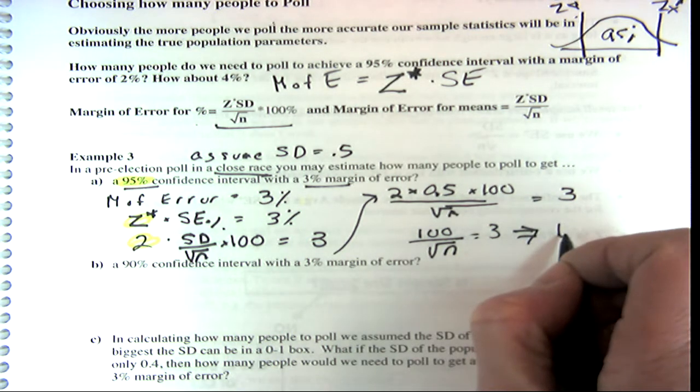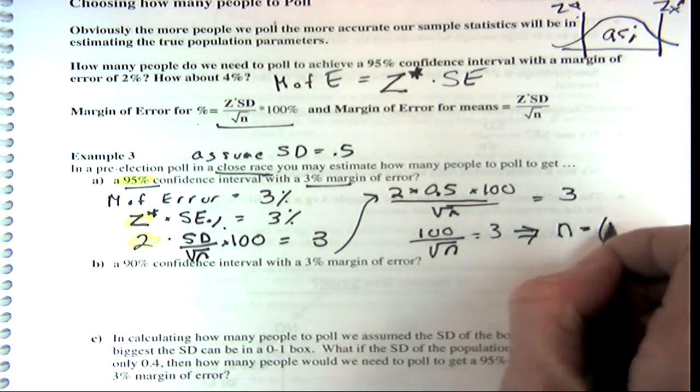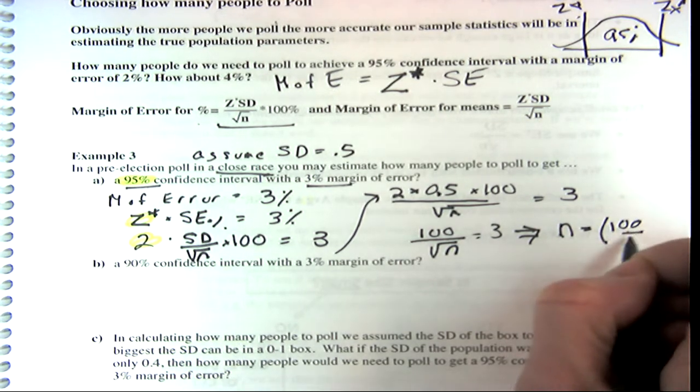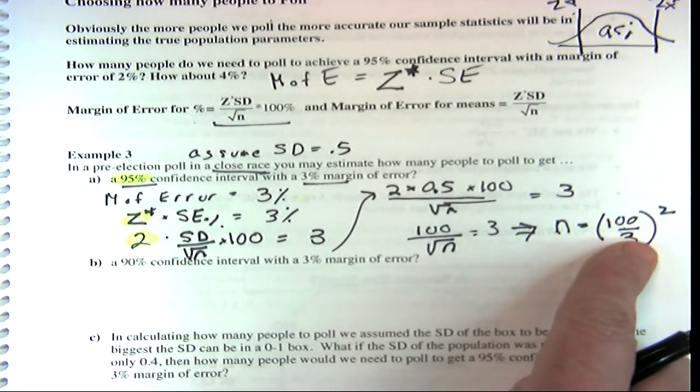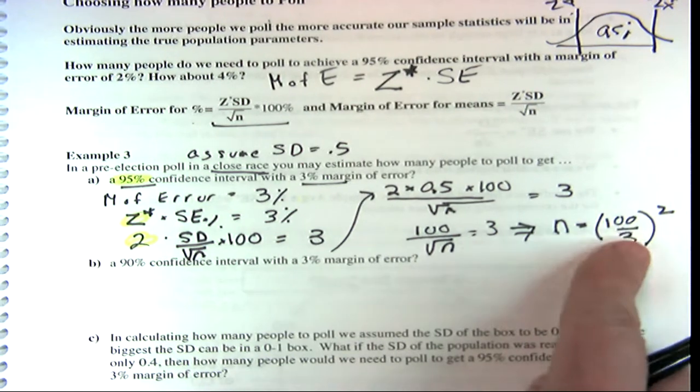We get n is equal to 100 over 3 squared. Okay? All right, now, if our margin of error, what do we get here? That's about 30 squared.